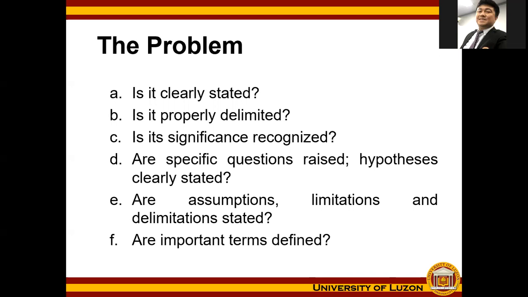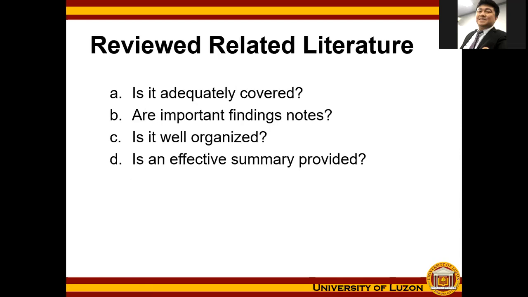So you begin with the most important as reflected in the title, and then look into what other terms are introduced in the statement of the problem. Only these terms, okay, are to be defined, part of the definition of terms in the first chapter. So we now proceed to the review of related literature and studies.